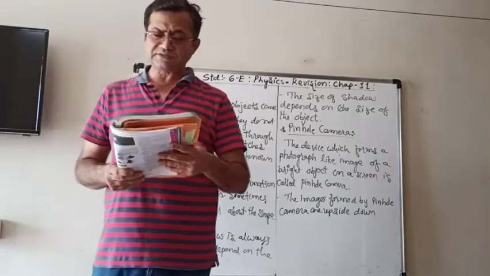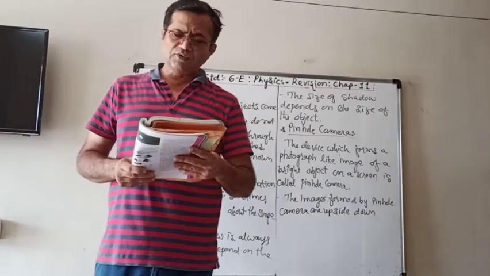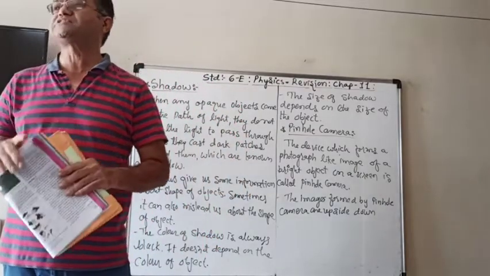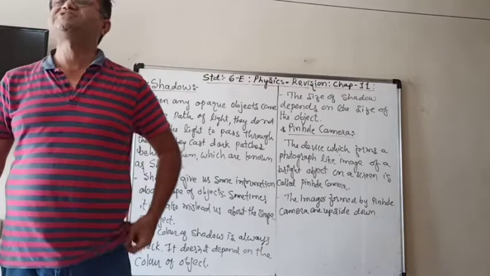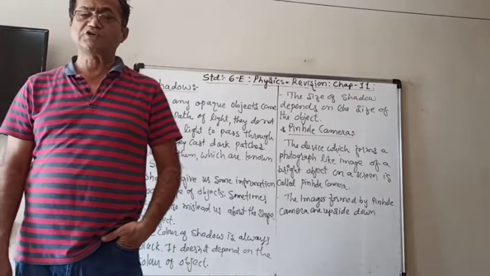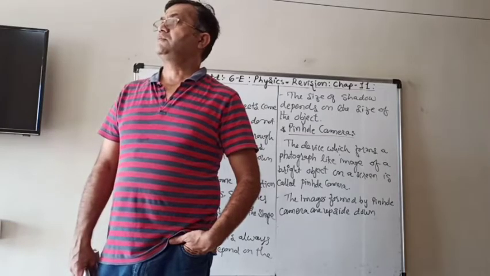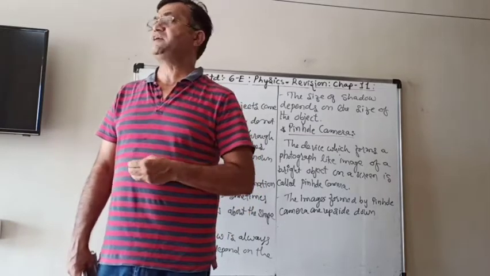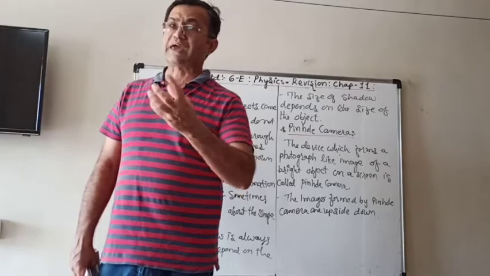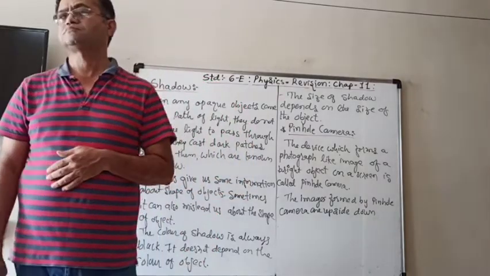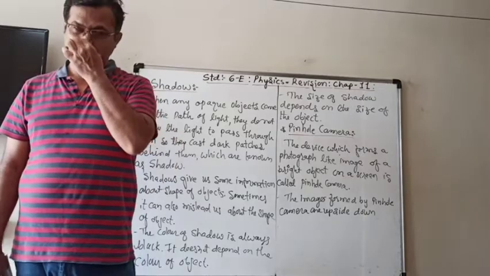Sometimes you can identify the objects from their shadow, because sometimes the shadow is so nicely formed that we can guess which object it is. But not always.